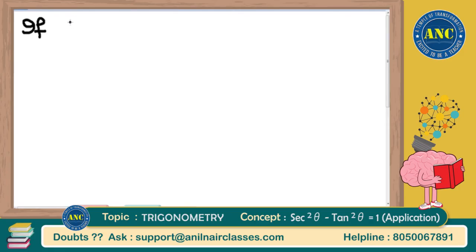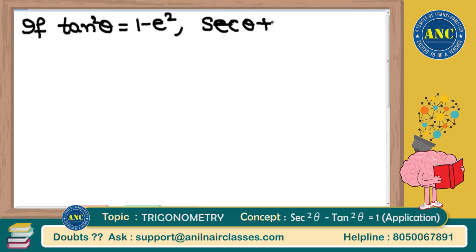Again an if condition question. If tan square theta is equal to 1 minus e square, very, very good question. Your question is to find the value of secant theta plus tan cube theta into cosecant theta.